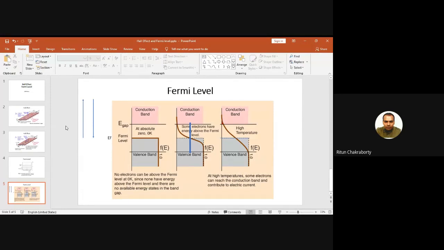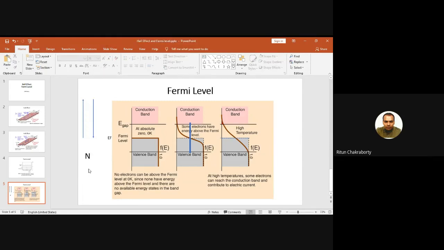If you try to understand, in each energy level you can accommodate how many electrons? 2 electrons, and you have total capital N number of electrons.